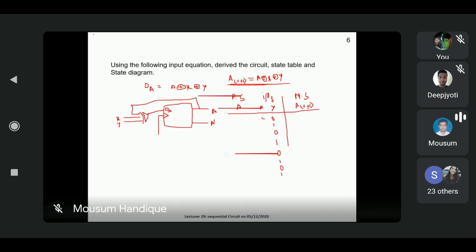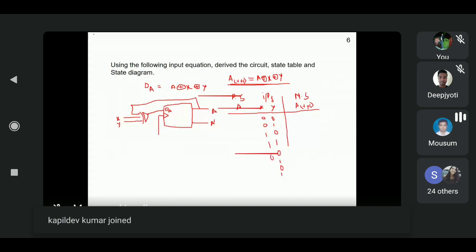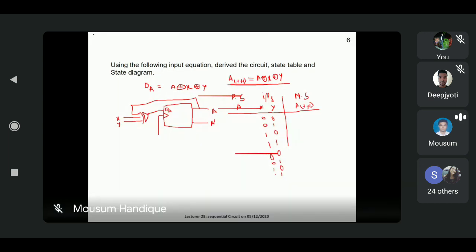Then X is 0 0 1 1, and the next state is 0 0 0 1 1 1.